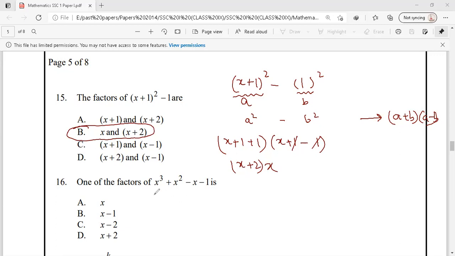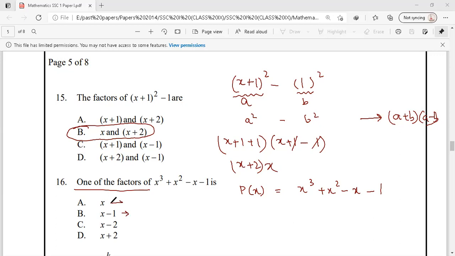Next, we have question number 16, and in question number 16, we have a cubic polynomial, x³ + x² − x − 1. This is a cubic polynomial in terms of x, and we have to identify one of its factors.